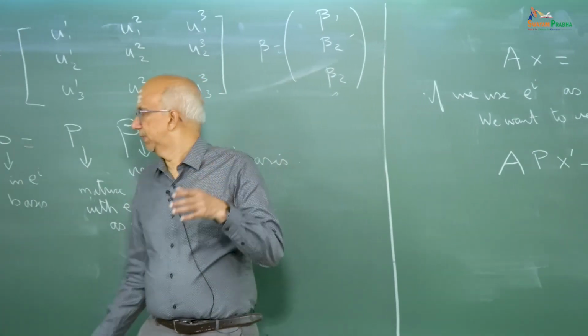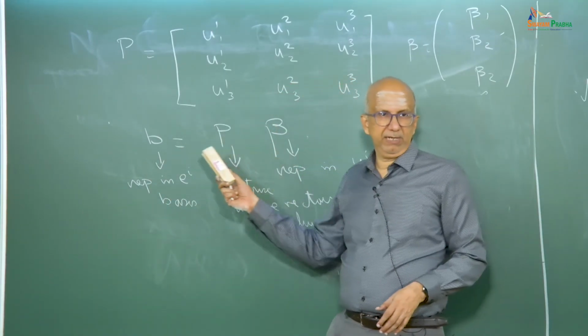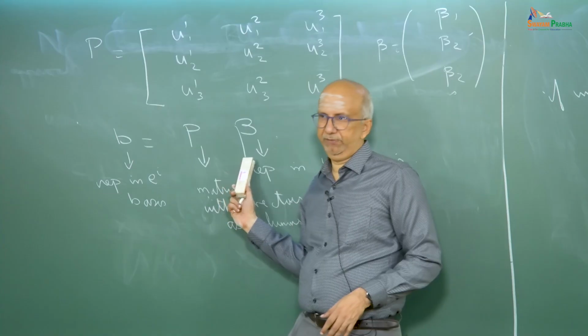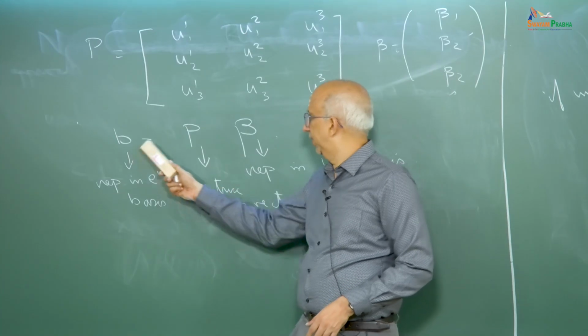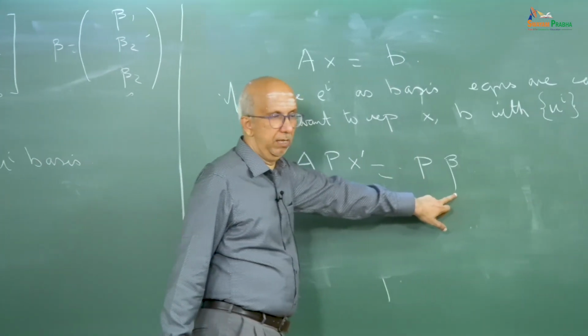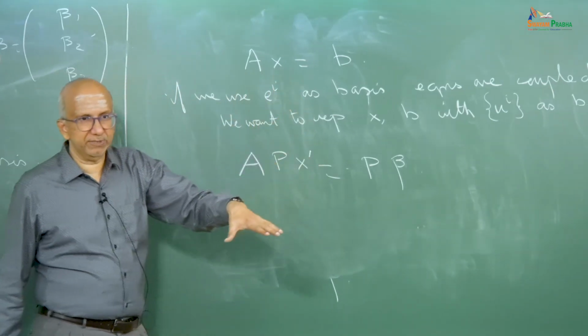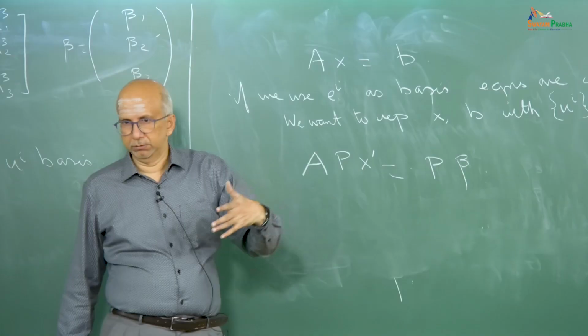When EI is the basis, what is the relationship between this and writing it with UI as a basis? B is P times beta, that is what I have written. Similarly, X also has to be represented in the same basis, then only I can talk, the same basis I am using.